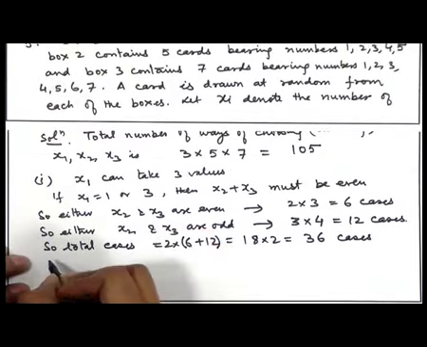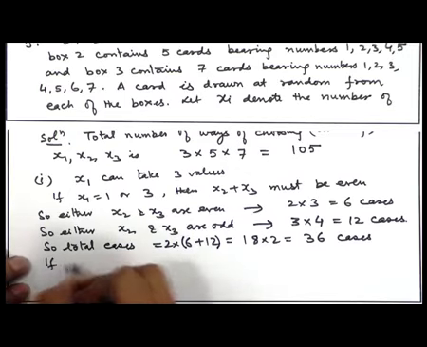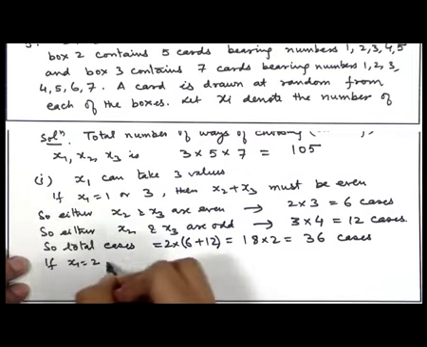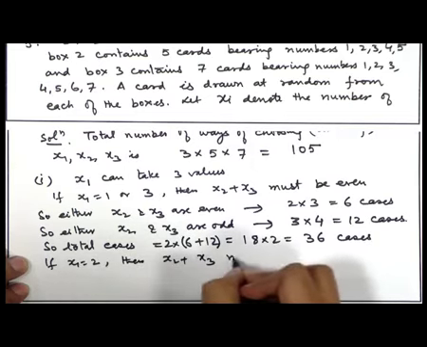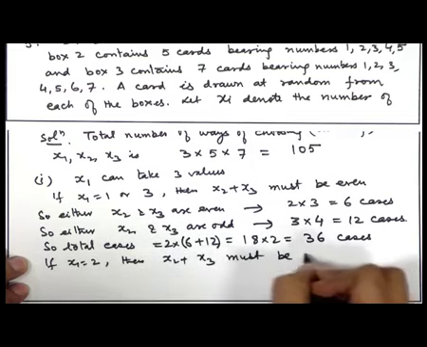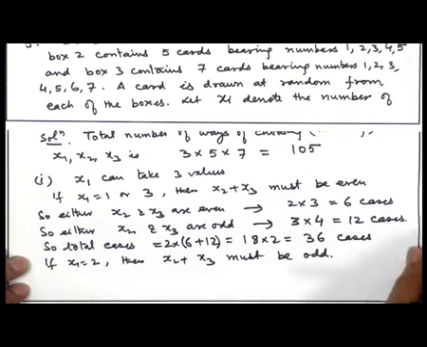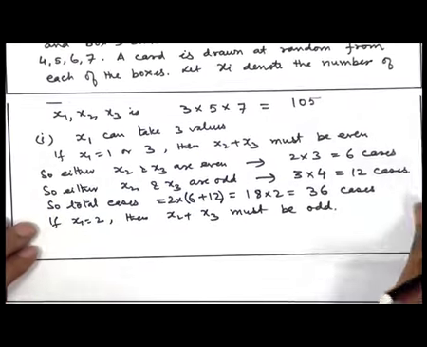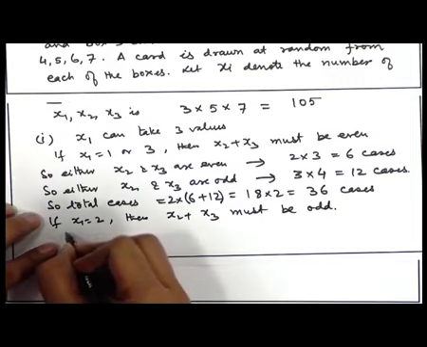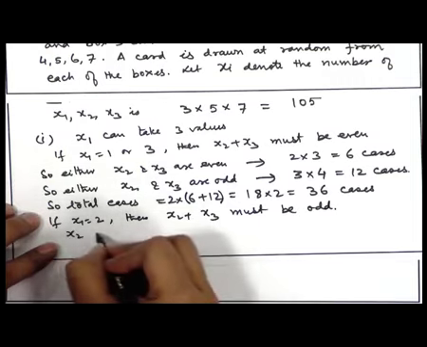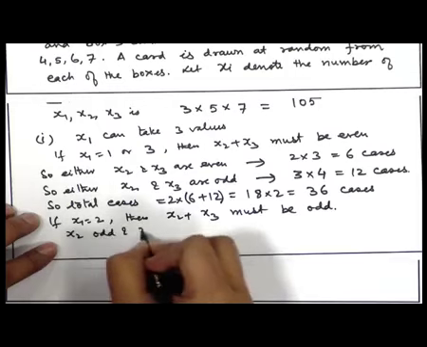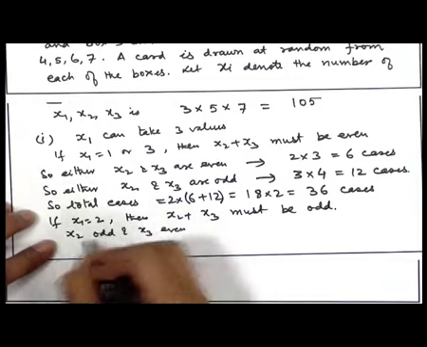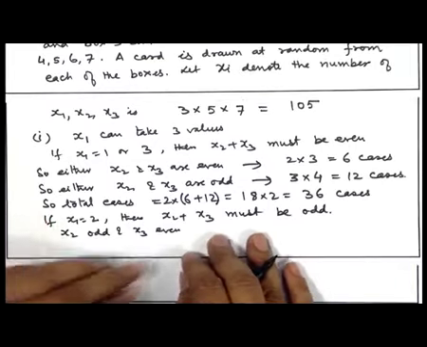Now, second part can be, if x1 is equal to 2, then x2 plus x3 must be odd. Now, for odd, how many cases will be there? So, x2 you can have odd and x3 even, because sum of odd plus even is odd.